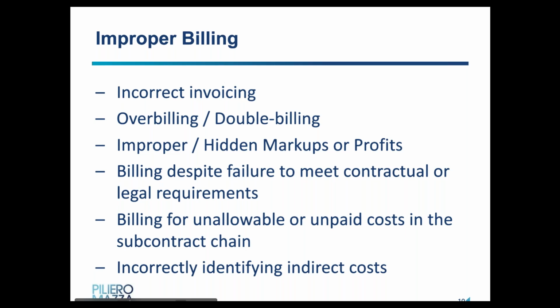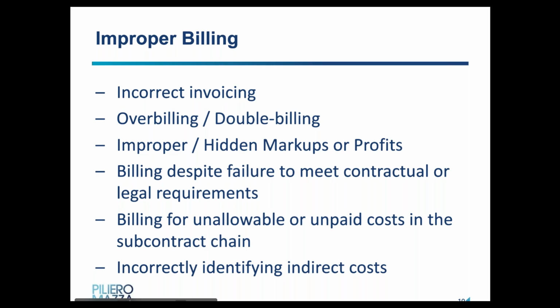Are you actually making sure that what you're charging for is the right thing in terms of the product that you've supplied? So just making sure that on the face of the invoice itself, that it's actually accurate in terms of what you're supposed to be billing under the contract. And that all of the amounts are right so that you don't end up overbilling or double billing the government.